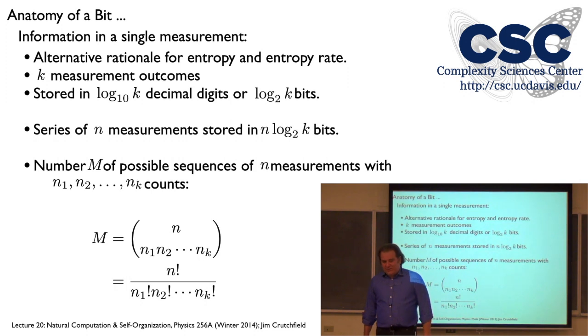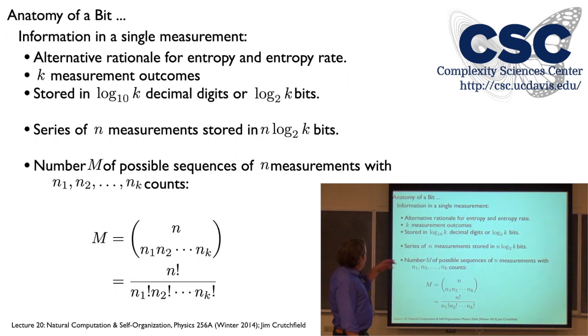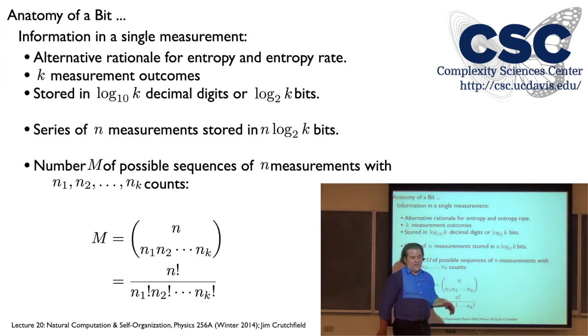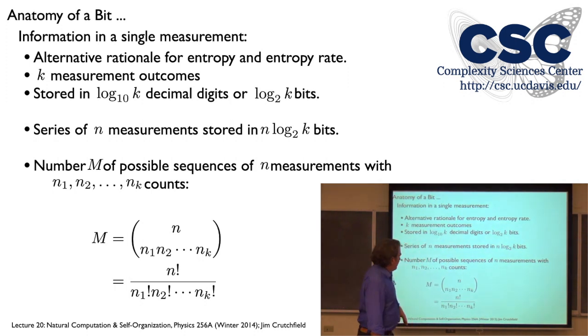Back then, entropy and entropy rate were introduced by way of this axiomatic formulation: a measure of information should have these properties, and then we derive the formula. There's another way to look at what the entropy of a random variable is. Okay, so I want you to imagine that we have an instrument, and when we ask for a measurement, it outputs one of k outcomes.